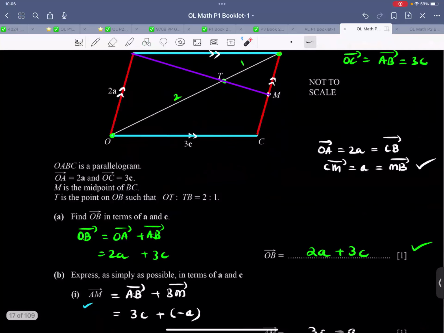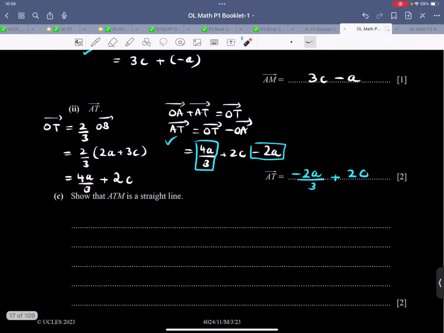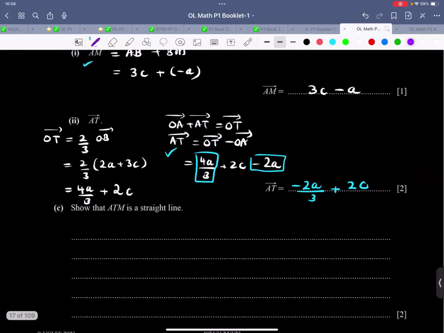That's the easiest. We have AT, we have AM. Now let me write AT further: minus 2A plus 3 into 2 is 6C, divided by 3.